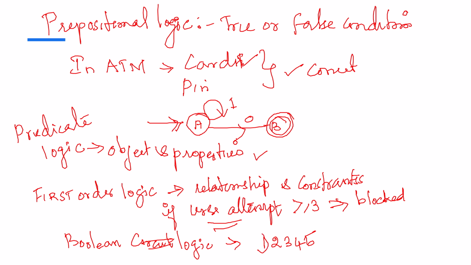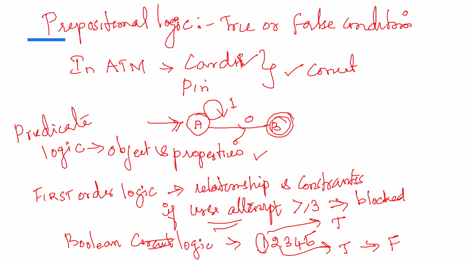If it is true, it represents the true value, that is 1, in the machine. Again, the next number is checked by the machine and matched against the database. Automatically it will return true, and if it does not match, it automatically returns false. So in such situations we can use Boolean logic.